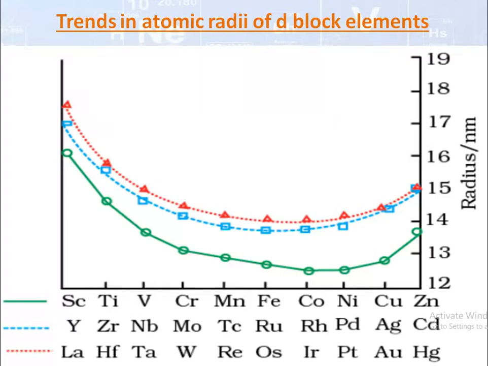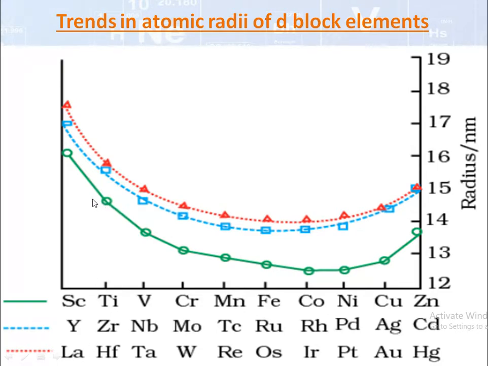In this graph, the atomic radii of the transition series are given. This is the first series, 3d series, the second series, 4d series, and this is the third series, which is 5d series.